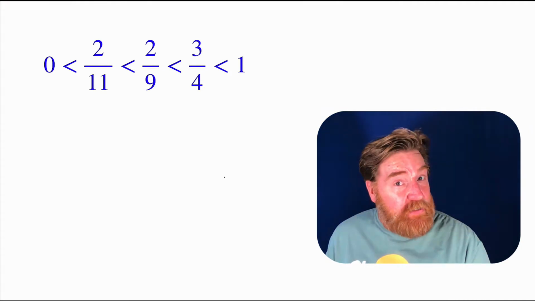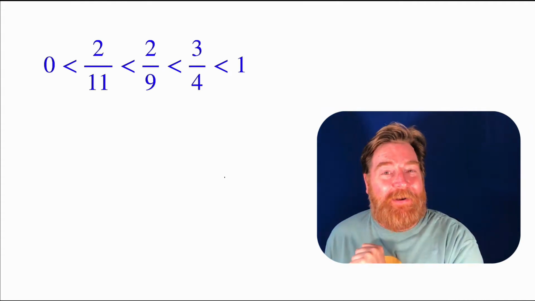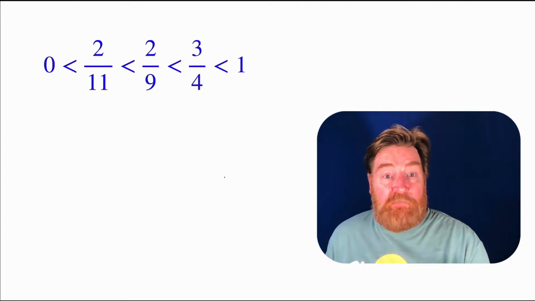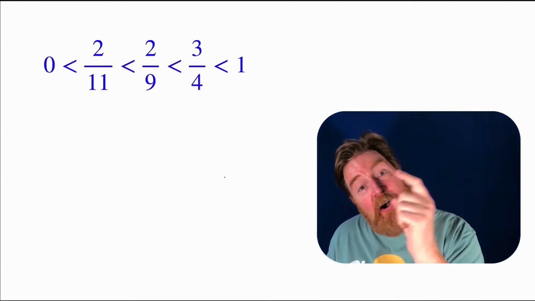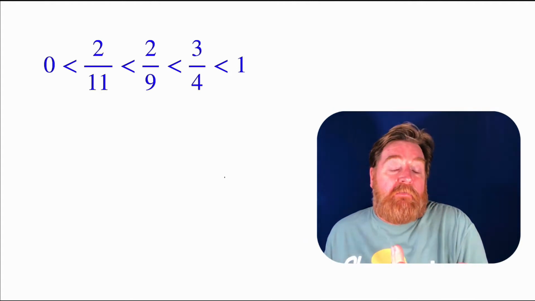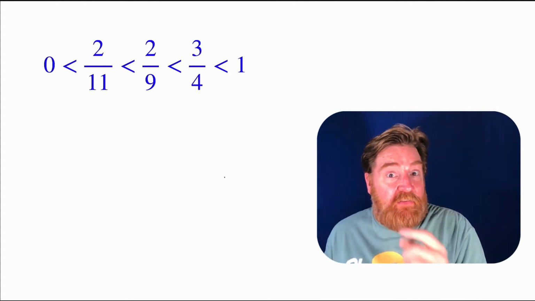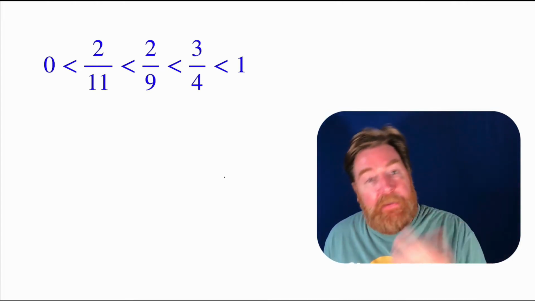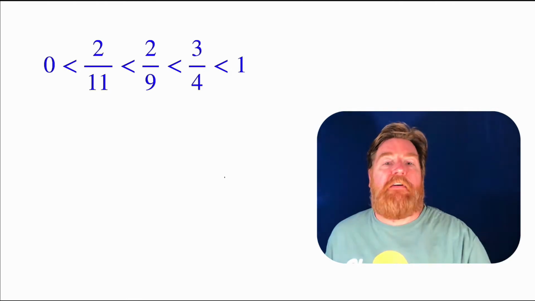All of the fractions, and 1 for that matter, are positive, so they're all greater than 0. So it makes sense that 0 is on our far left. And 1, since those fractions are all representing less than 1, is on the far right of our list.